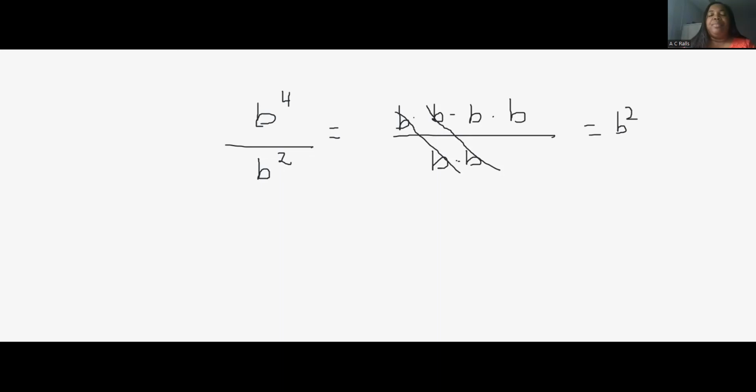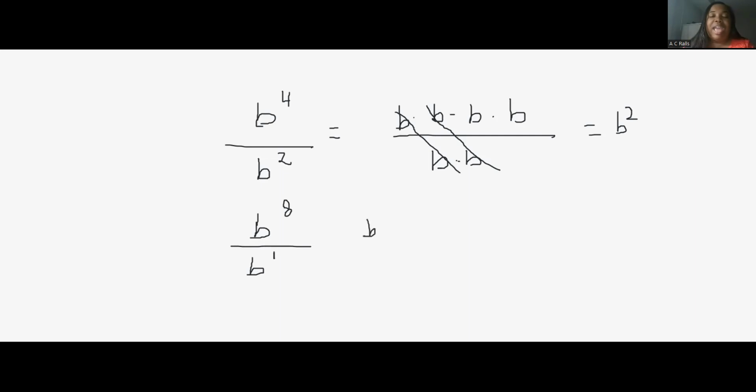So we look at that and we compare, how can you get a 4 and a 2 to make a 2? Yes, through division, 4 divided by 2 is 2, but just like with multiplying, we saw the connection was addition. Division is going to have the connection of subtraction. Let's do another one so you won't be confused. If I have b to the 8th power divided by b to the 1st power, trust and believe my answer is not going to be b to the 8th.